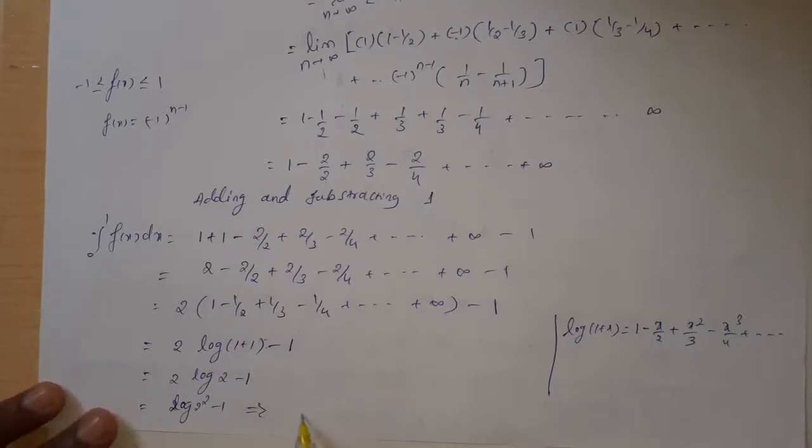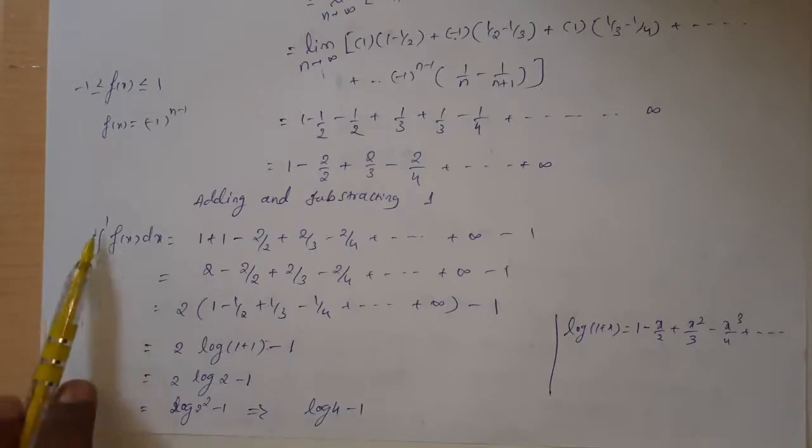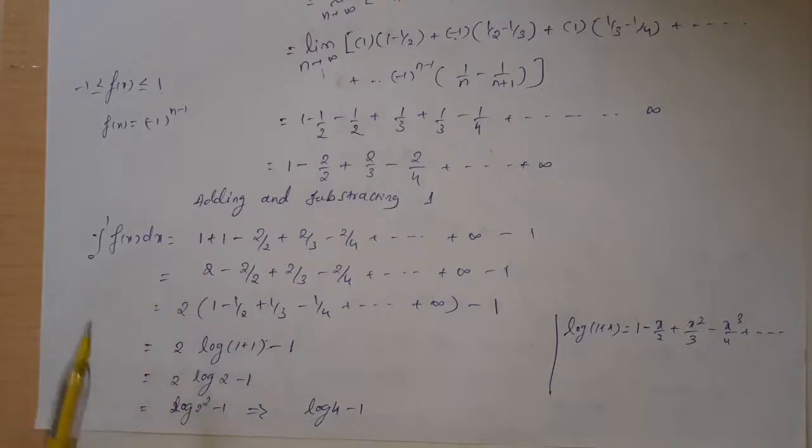So therefore it implies log 4 minus 1. So therefore it is the required proof. Here we have proved that f of x is Riemann integrable, and also the value of that Riemann integral is equal to log 4 minus 1, that is integration over 0 to 1 f of x dx is equal to log 4 minus 1.